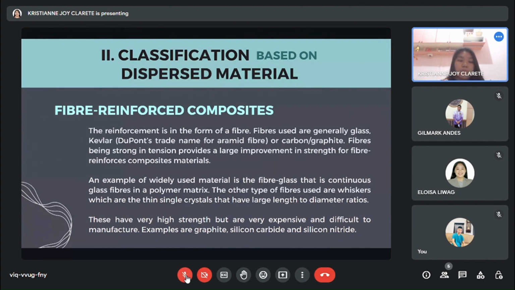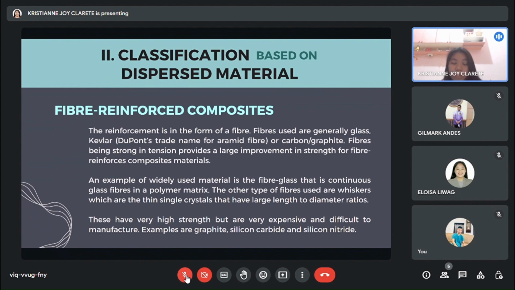DuPont is a company that produces science-based products like aramid fiber, which, as mentioned earlier, they named Kevlar. So, what is Kevlar? It is a synthetic fiber used mainly for protective gear like helmets and bulletproof vests.